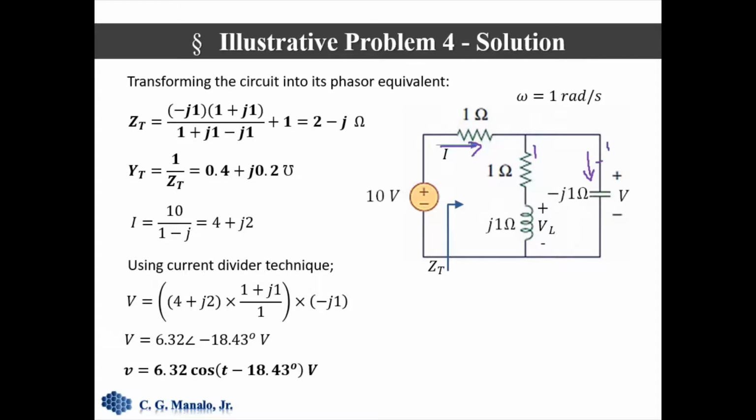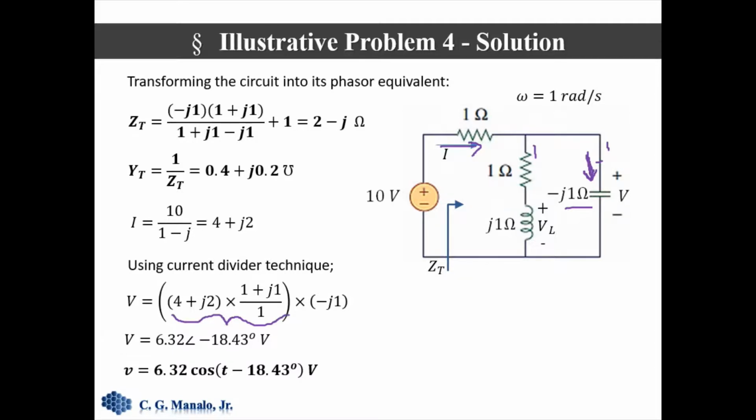So first we're going to compute this current, and after computing it, we can multiply it by the capacitive reactance of the capacitor. This current here is this portion.